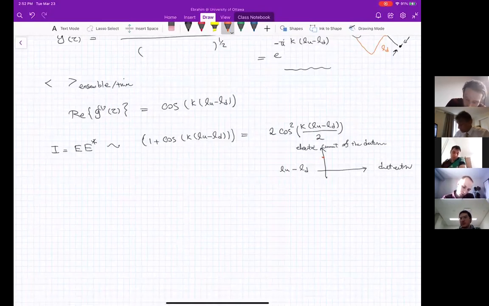Then when k times this difference divided by 2 is given by pi divided by 2, it reduces to 0, then it goes up. So the oscillation that you have is given by cosine square here.